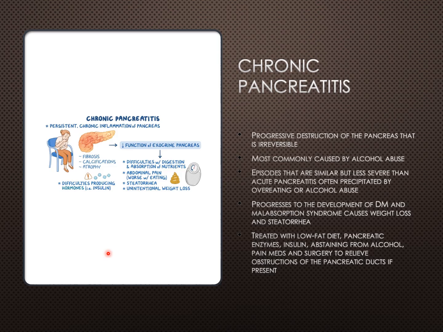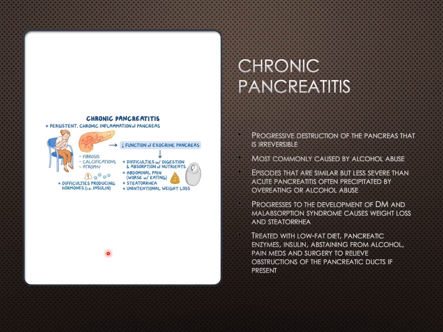They also get malabsorptive disorders because they are no longer producing the digestive enzymes that we usually produce in the pancreas. So they get difficulty with digestion and absorption of nutrients, especially things that contain fat or fat-soluble vitamins. They often experience abdominal pain that gets worse when they eat. They get steatorrhea, or those fatty stools. They often lose weight.